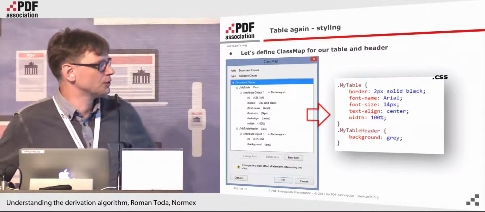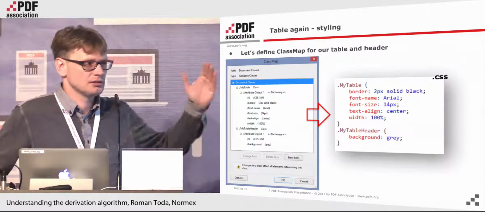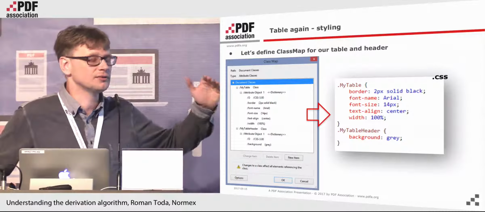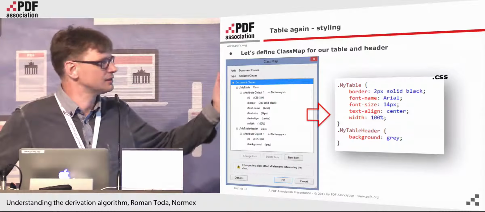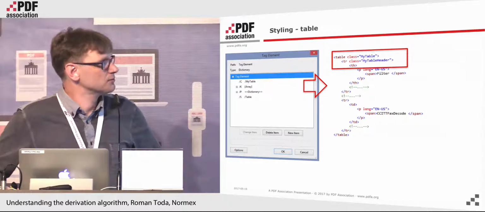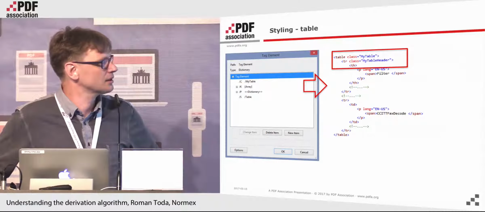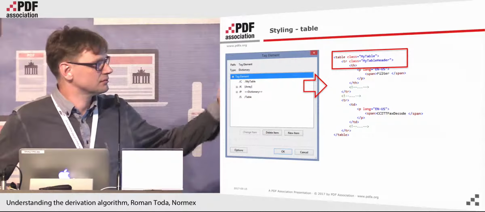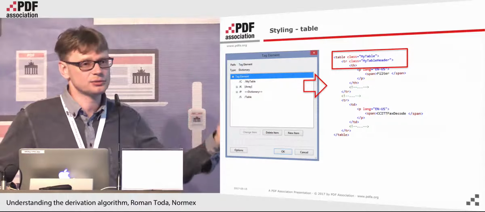And then if you go through derivation of the structure tree, and if you go to a content, if you go to a tag that does have this class map applied, you would just use class in your derivation, right? And the derivation of the table, table tags is pretty much the same.